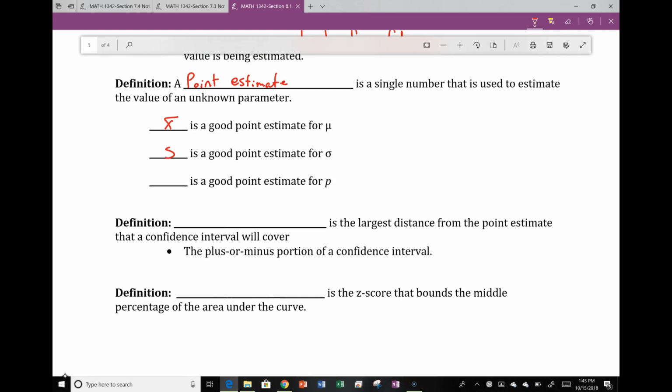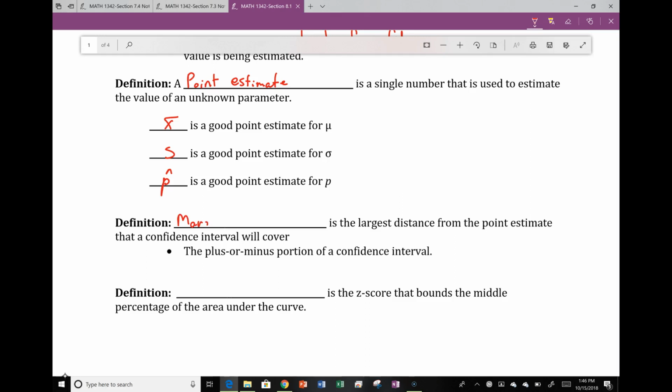That's the same thing as s, our sample standard deviation, is a good point estimate for our population standard deviation. p hat, which is our sample proportion, is a good point estimate for our population proportion. Because we're estimating whenever we're talking about samples, we're trying to see if they actually fall within a value for our population. So we have to estimate based on these particular point estimates.